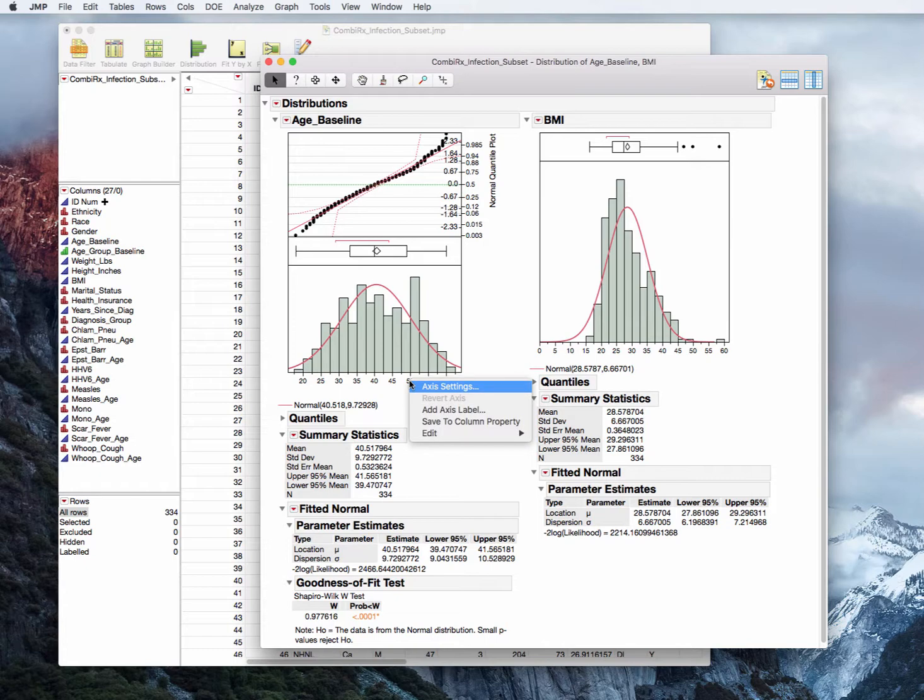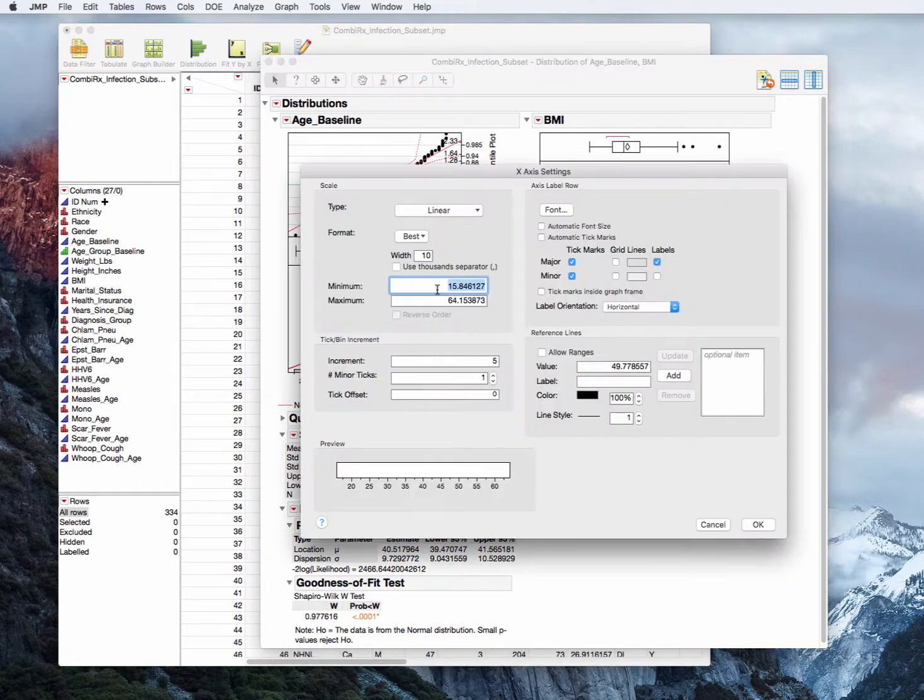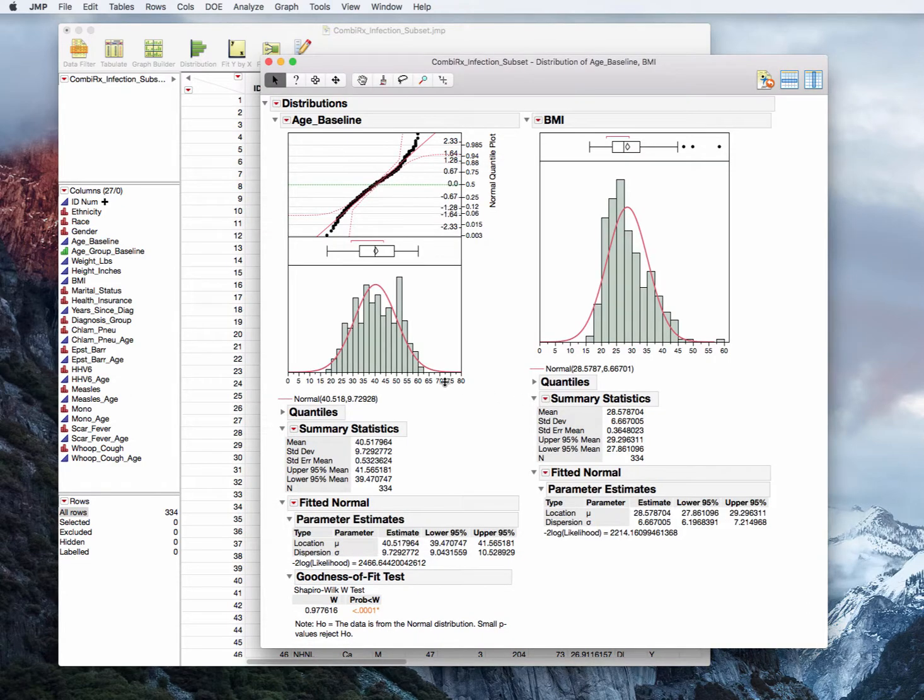In the case of age, if I change my axis settings to go from 0 to say 80, I can see that the symmetry within age is actually much more balanced. And by symmetry, I mean if you look at the mean line here, which is about 40, you would expect equal amounts of data on the right and left of the mean if this were from a normal distribution.